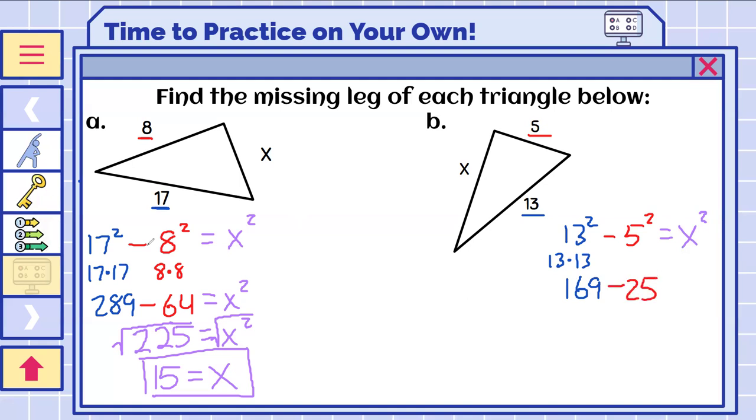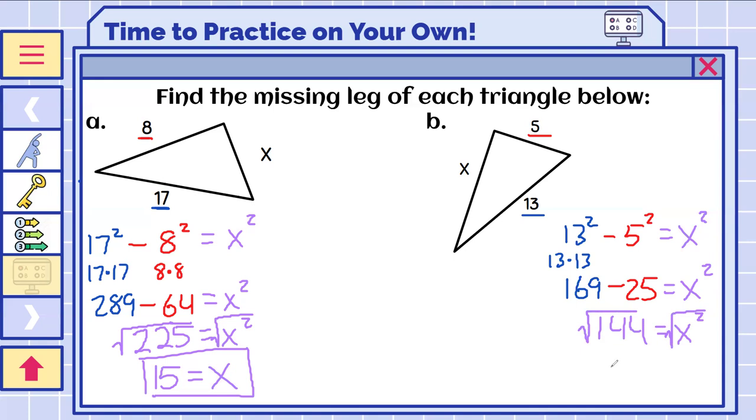And all this is still equal to x to the power of 2. Next, if you subtracted 169 minus 25, you should have gotten 144, equals x to the power of 2, which you could use your calculator for, or we actually had this as one of our answers before.